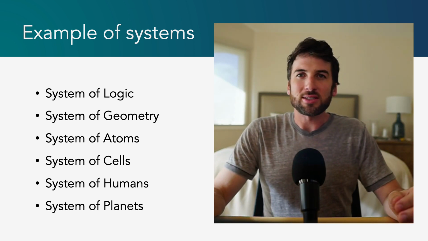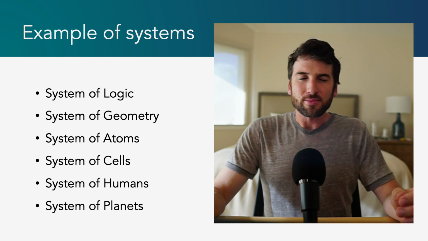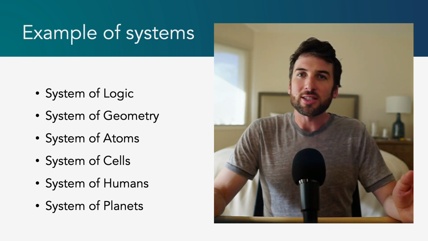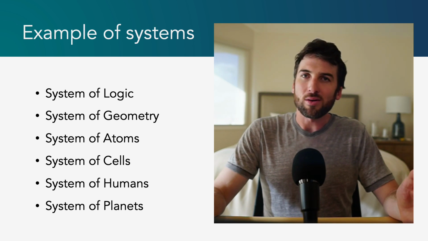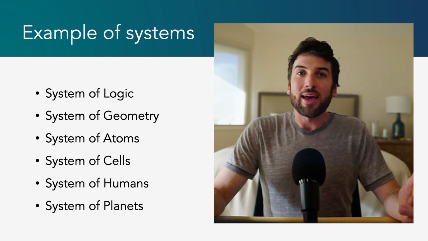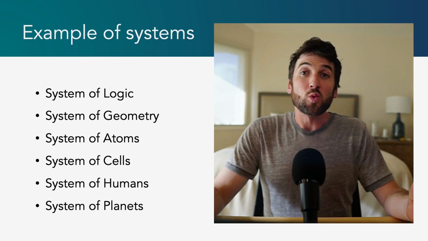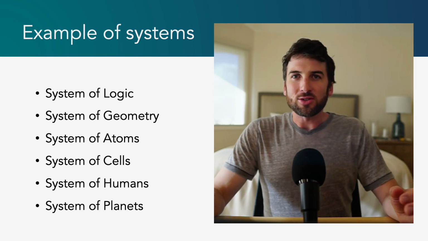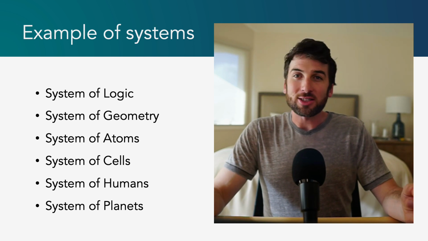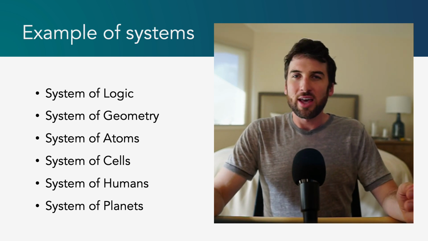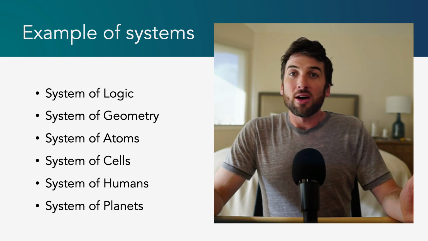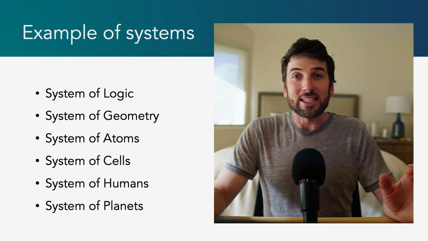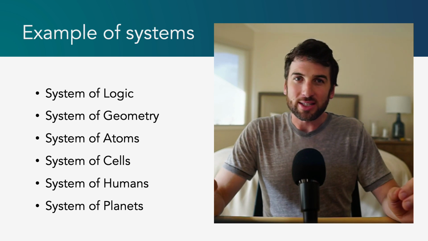Some examples of systems are logic. In logic, the propositions are the elements, and relations include operators like and, or, as well as implies, and other axioms or rules that are followed by the propositions. Geometry introduces geometric elements such as points and lines and circles, and the relations include ratios and other ways to relate different geometric objects.